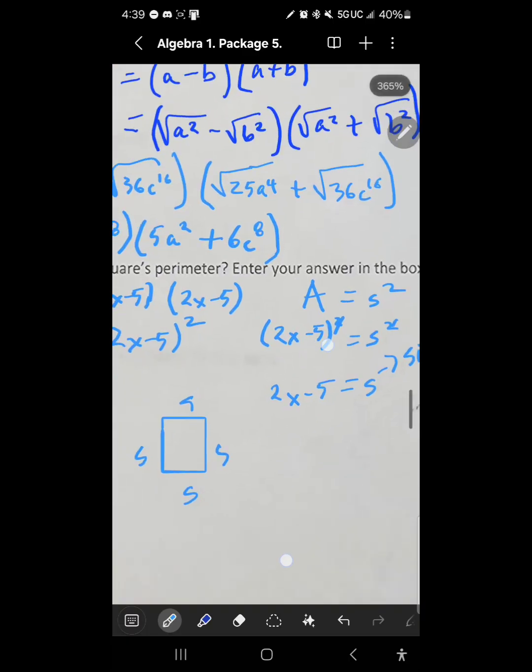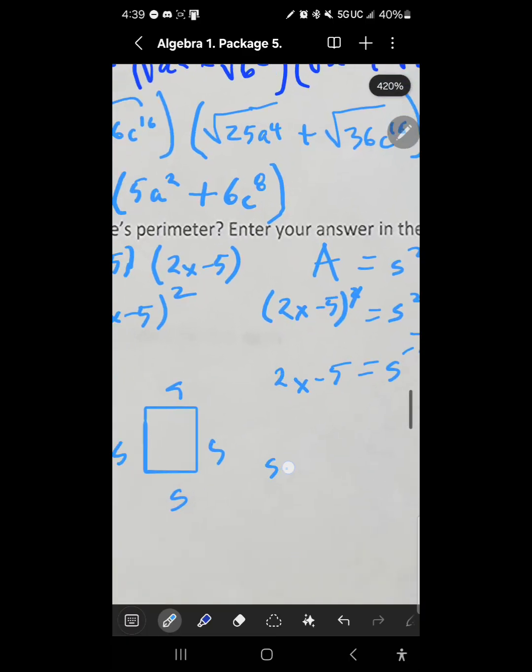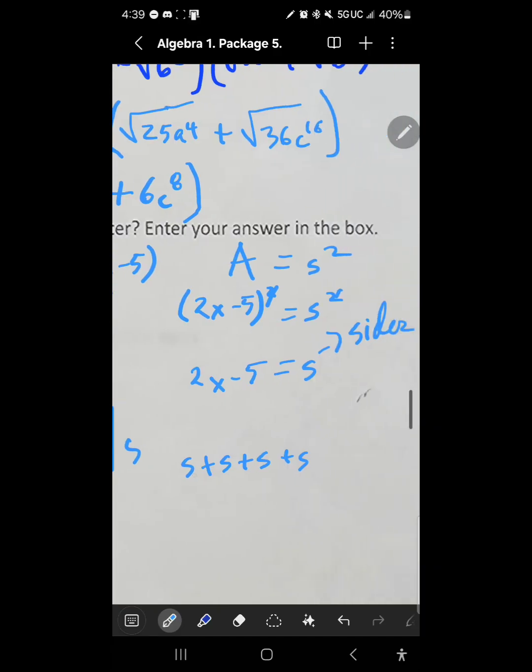Now, if we want to know the perimeter, we say s plus s plus s plus s, because we need to add all the sides. Since they are the same, because they are the sides of a square, they all have the same measure. We have 1, 2, 3, 4, so this equals 4s.